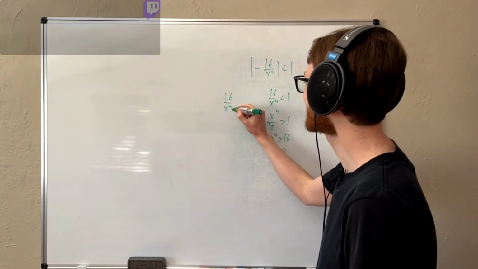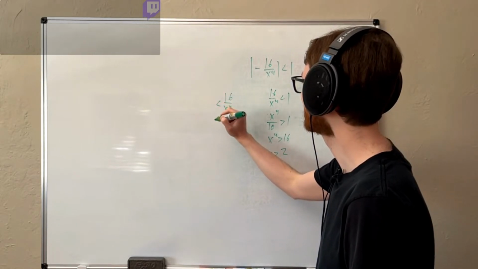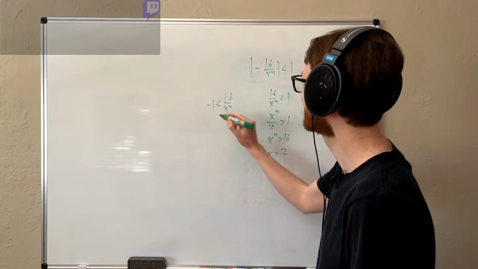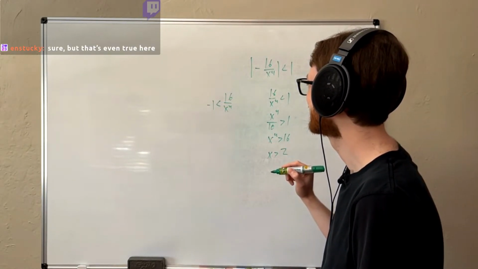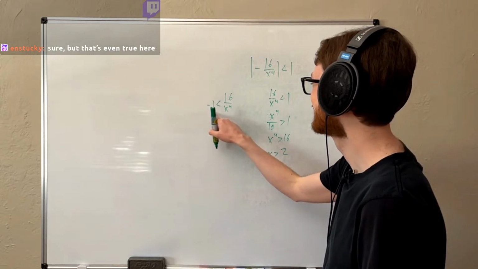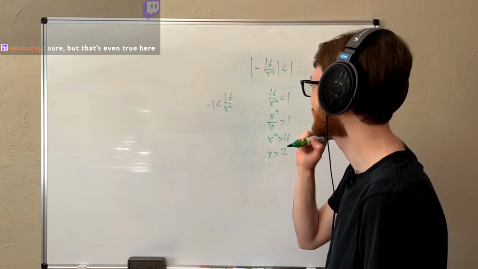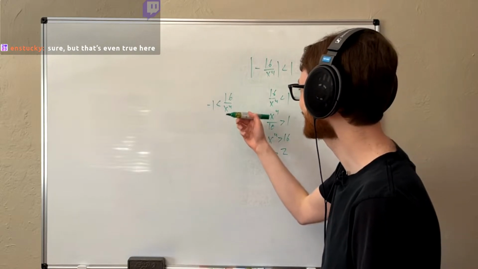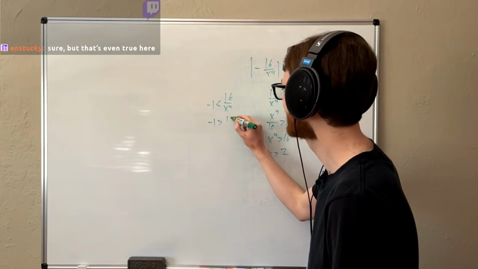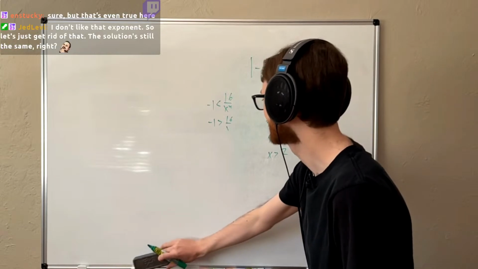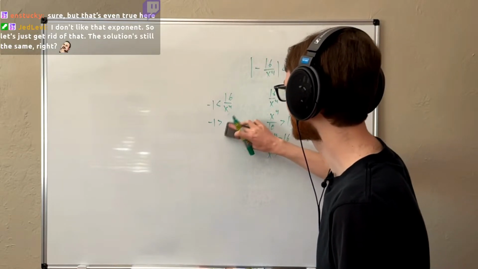Okay, well, let's try to write this down. Okay, yeah, so -1 would be less than 16 over x to the fourth. Do we run into issues here if we flip stuff? We do run into issues if we don't actually flip stuff, right?